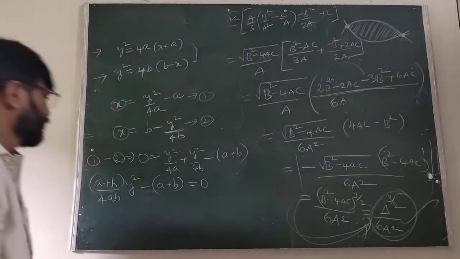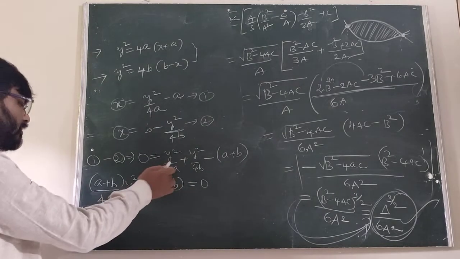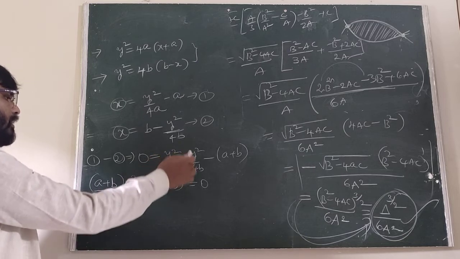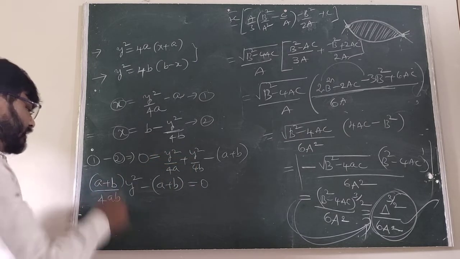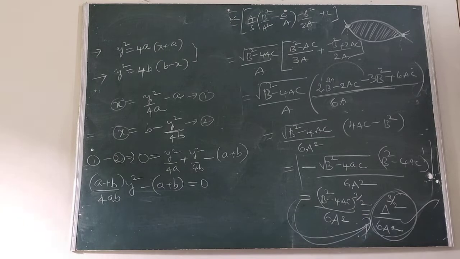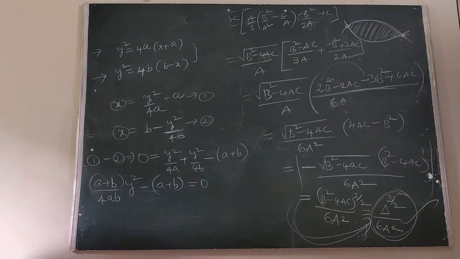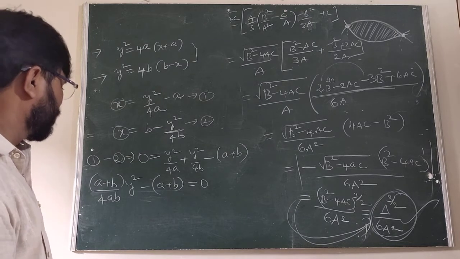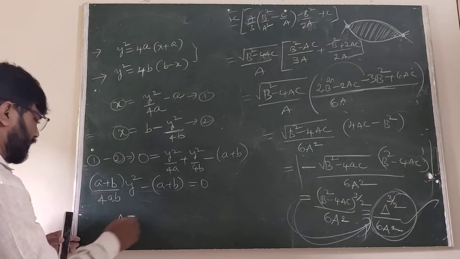Therefore here 4a we are taking common, 4. Y square by 4 is common. 1 by a plus 1 by b is a plus b by ab. Therefore now we can write here. How to find the area? First we find the delta.